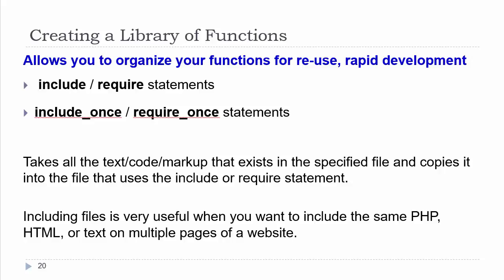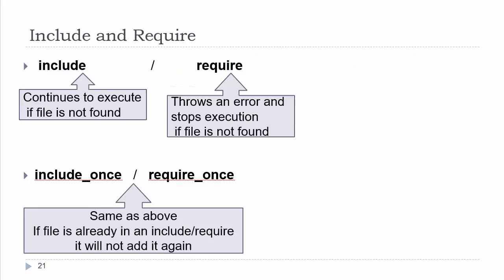Including files is very common and very useful when you want to include the same code that might exist on every HTML web page, regardless of whether it's PHP code or HTML code. Similar to an external style sheet, you will see that it is very useful for things like navigation. If you work with a WordPress application, you will see that their headers, footers, and other components are all called using includes. So what is the difference between the include and require statement?